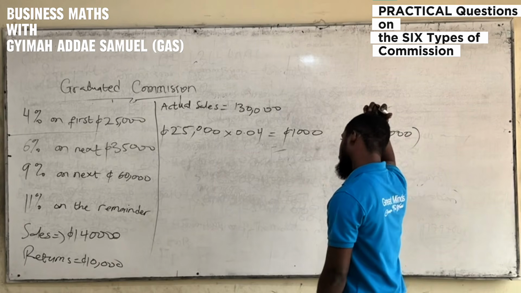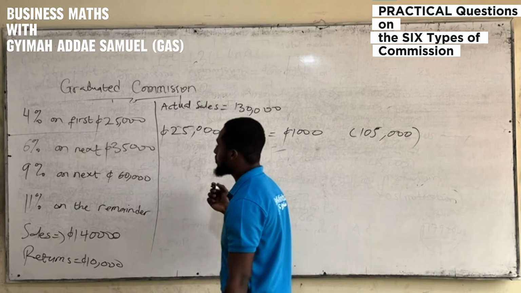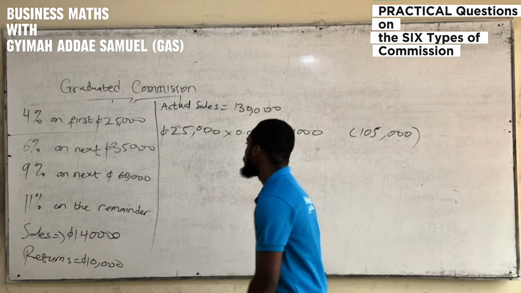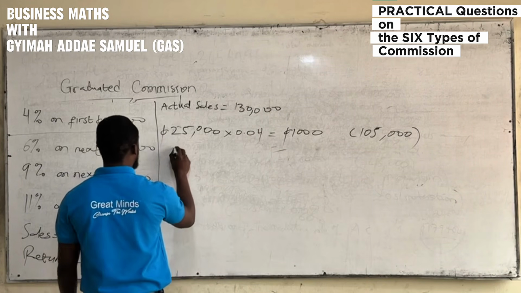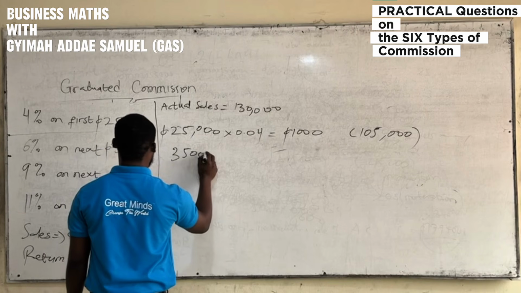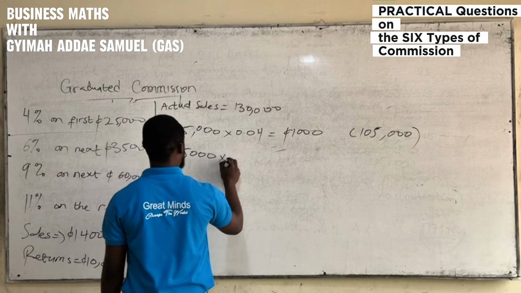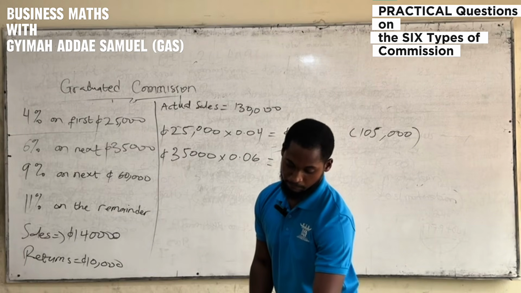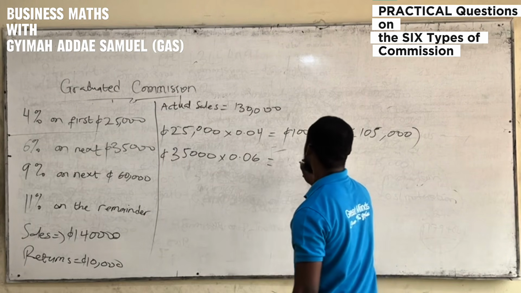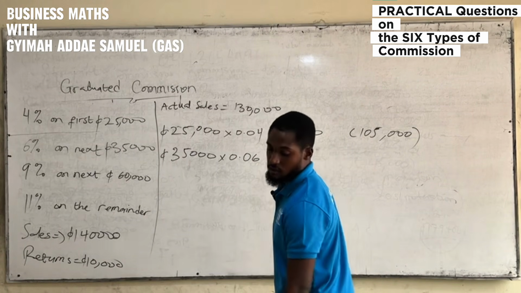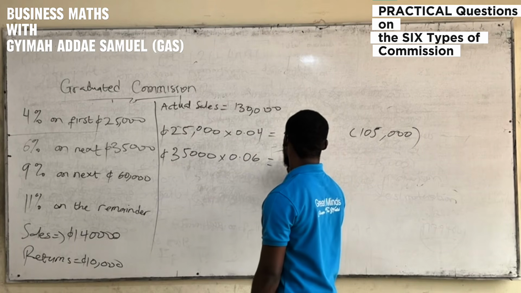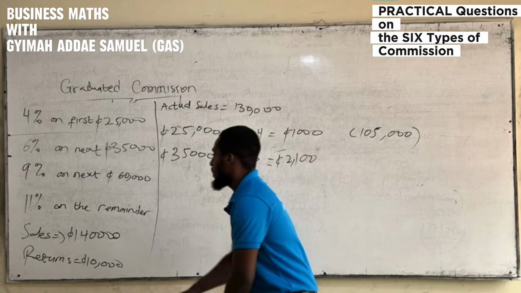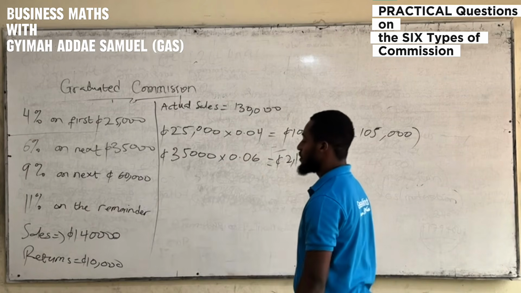The 105,000 Ghana cedis exceeds 35,000 here, so we are eligible to find 6% of it. And we are getting 2,100 Ghana cedis.